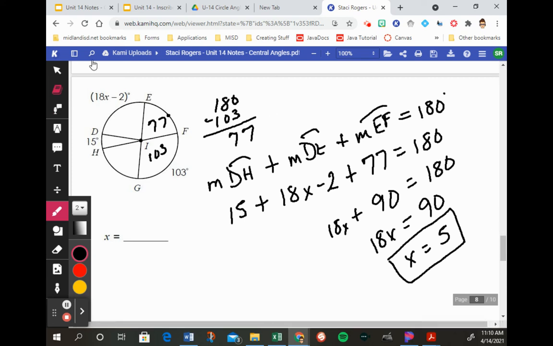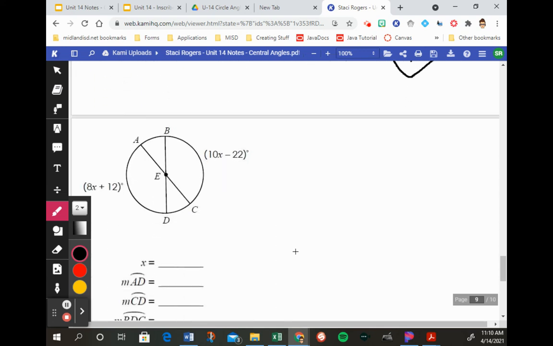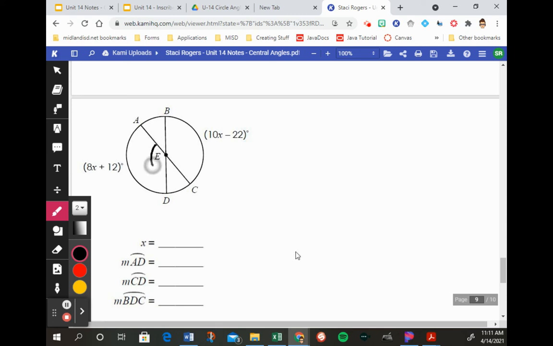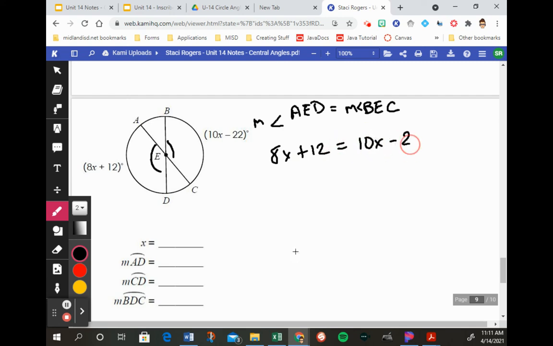Two more slides. What do we know about these two? This angle is congruent, is equal to that angle. So the measure of AED equals the measure of BEC. So I could say 8x plus 12 is equal to 10x minus 22.